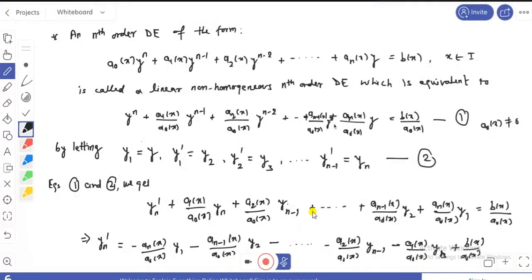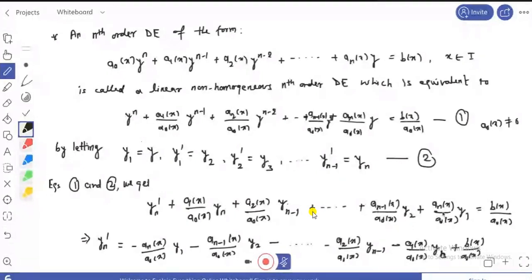So this means d2y by dx square, and dy by dx is your y1, and if we differentiate that 2 times, that is your y2. So if we differentiate 2 times, that is your y2.